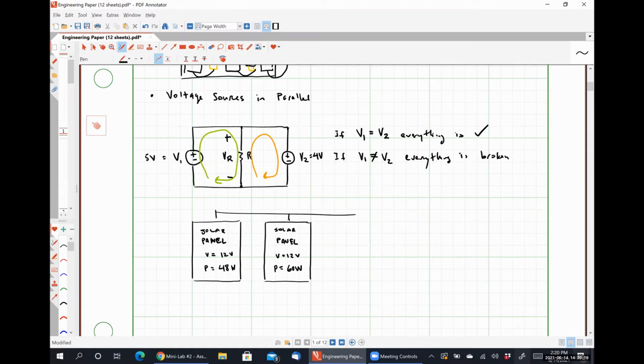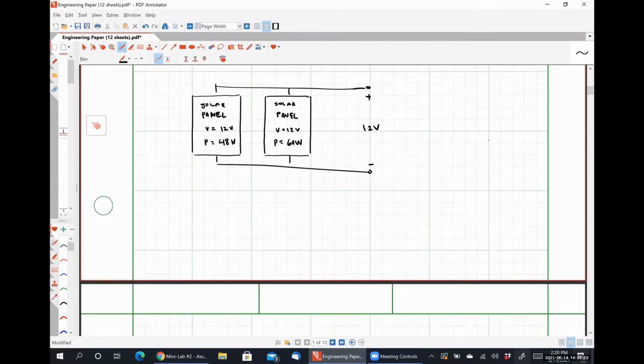Well, if I tie these guys together, the voltage drop across my terminals is still going to be 12 volts, but I can now supply a total power of 108 watts. So we connect solar cells and stuff like that in parallel in order to effectively get more current out of the system or increase the power production efficiency of the system.